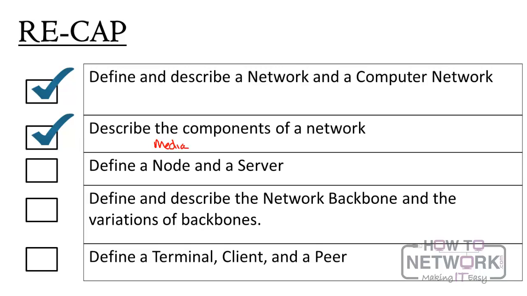We had media, right, which allowed the devices to communicate using a network adapter, communicated and managed by an operating system. We also defined a node and server, right? The node is really any sort of device that's on the network, we have the endpoint, and we also have a redistribution.